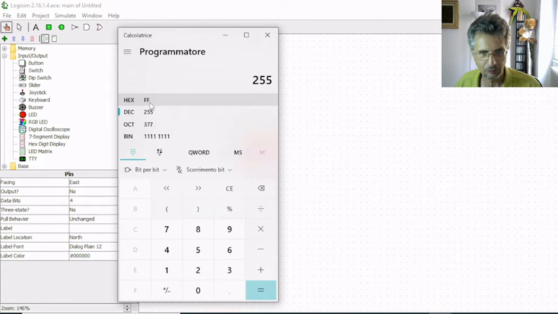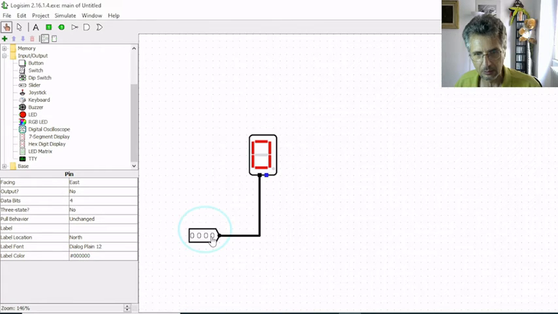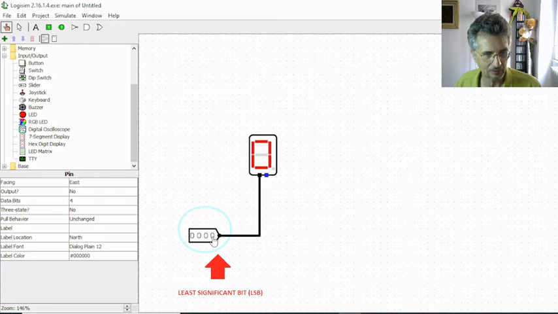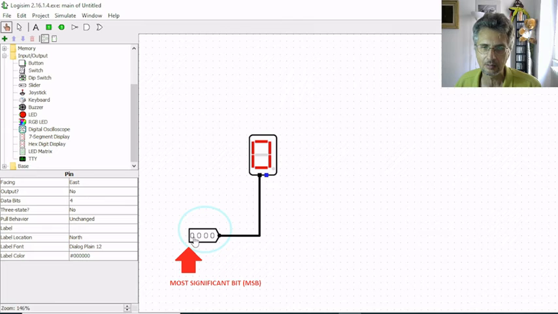So, finally, in a binary number, we have a certain number of digits. The rightmost digit, this one, is called the least significant bit, because this is the least important bit in the number. And the first digit is called the most significant bit, because this bit is heavier, more important.